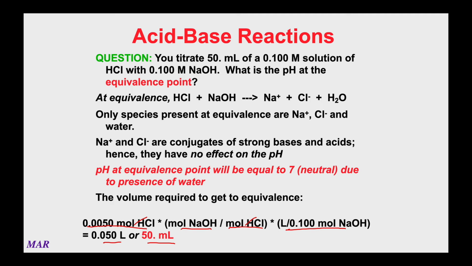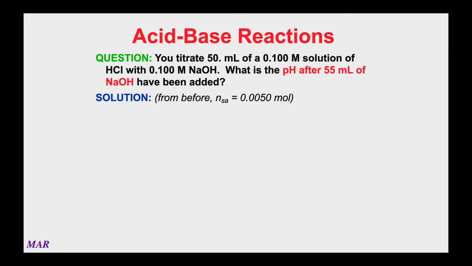Now for this problem, that probably seems a little silly because as we talked about, the concentrations are equal, so the volumes would have to be equal to get to equal moles. However, if the concentrations were not equal, this may not be as obvious. So you can do this kind of process. Moles of acid can be turned into moles of base, and then volume of base using concentration. FYI to the wise.